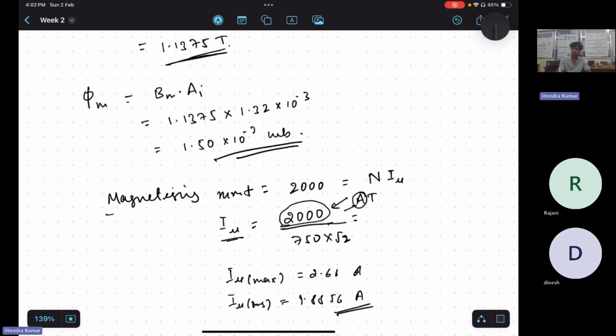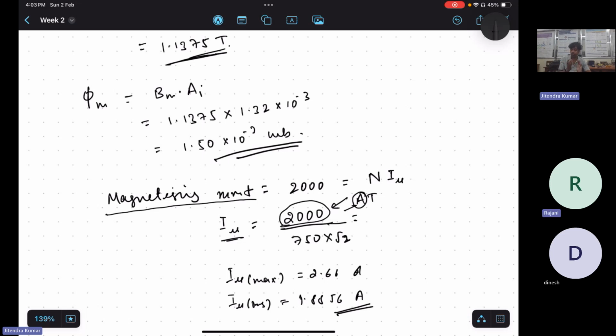Whenever magnetizing MMF is provided, see, MMF can be produced with a DC supply as well as an AC supply. With a DC supply, RMS and average are all the same. But with AC, whenever we discuss flux, what do we consider: average, RMS, or maximum? Dinesh? Maximum.